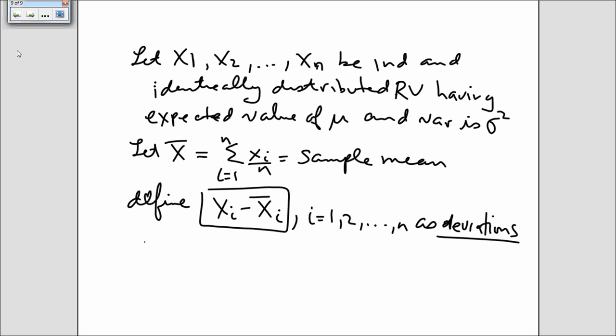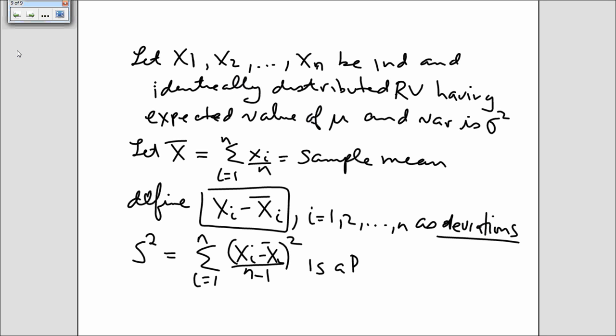So now, we'll define s squared to be, just like always, the summation as i goes from 1 to n of the deviations squared, divided by n minus 1. And this is a random variable.